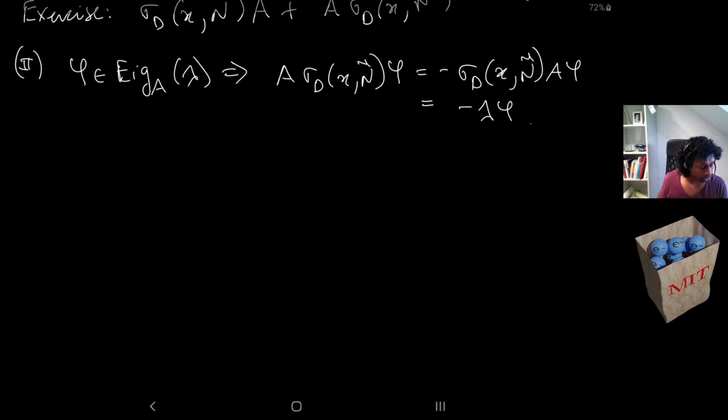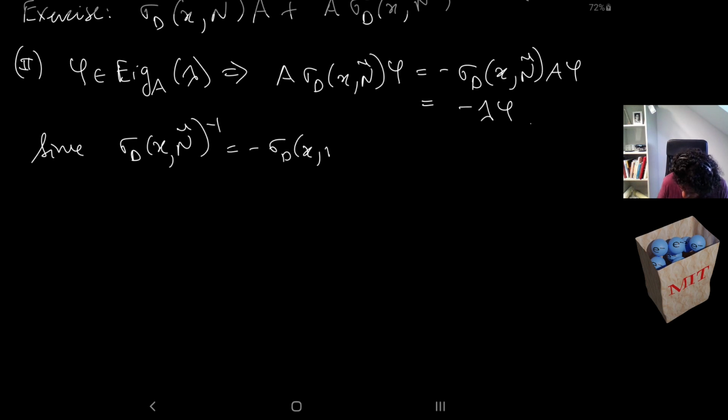So since this inverse map is equal to negative of this, clearly this is a bijection.